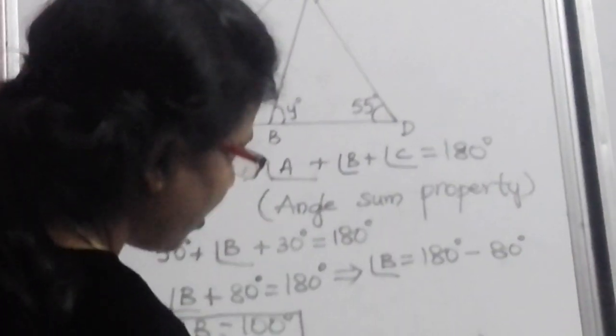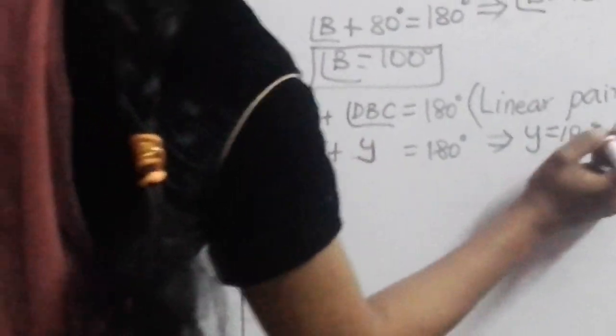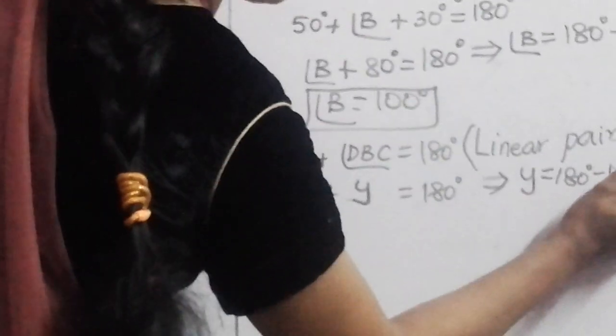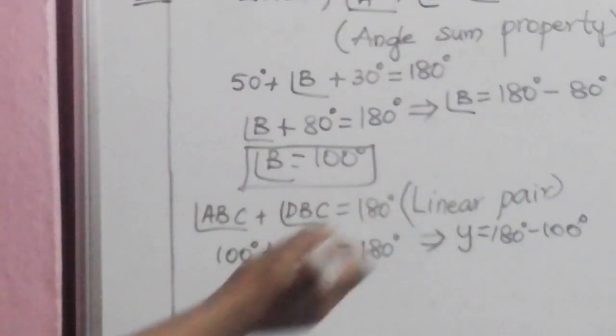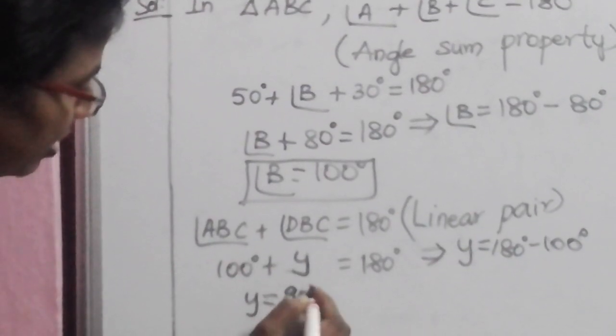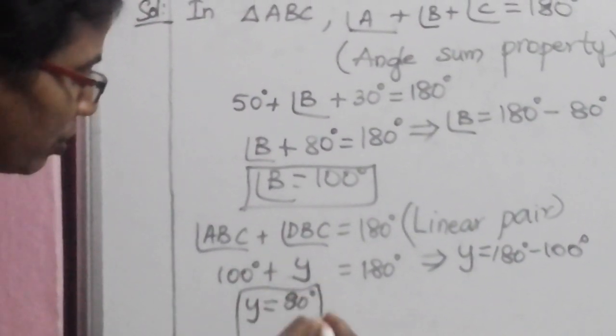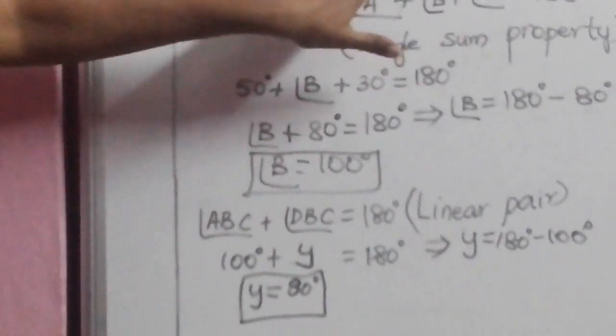So 180 minus 100, y is equal to 80 degrees. Now you got the value of y as 80 degrees.